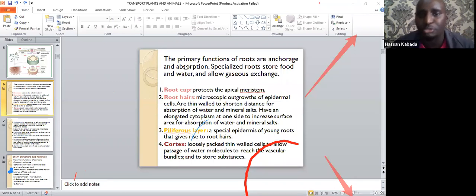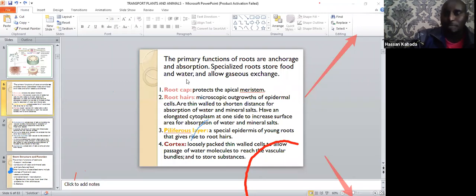Then absorption of water and mineral salt. That's another core function of the roots, to absorb water and mineral salts so that the xylem can now carry them to the rest of the plant's body. Specialized roots store food, as we mentioned, like cassava and the rest.